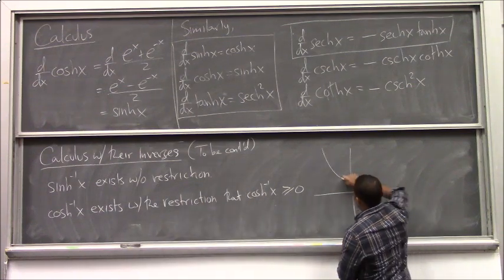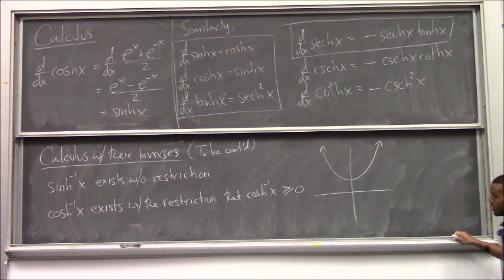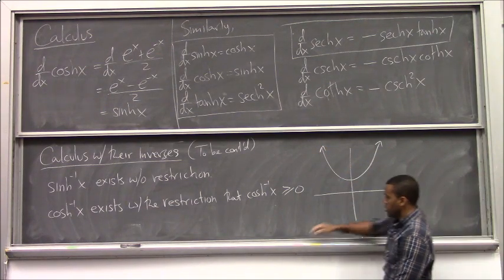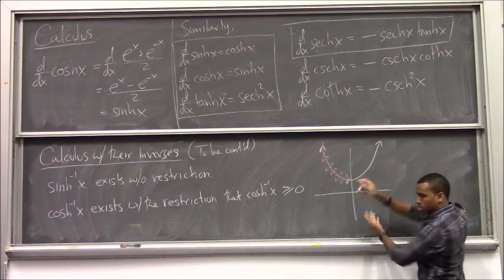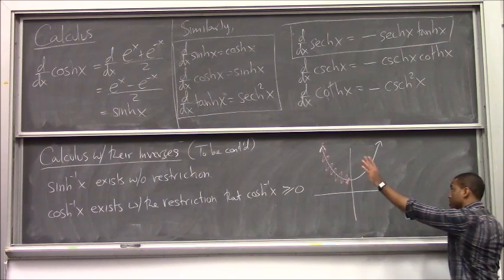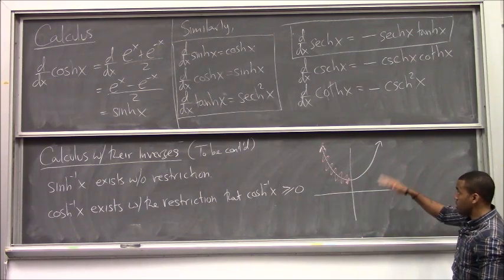If you look at the graph of cosh, it's not one-to-one because it doesn't pass the horizontal line test. So pretty much what you do is you ignore the left side and look at the right side. It only works on the positive wing, and you can find the inverse of this graph.